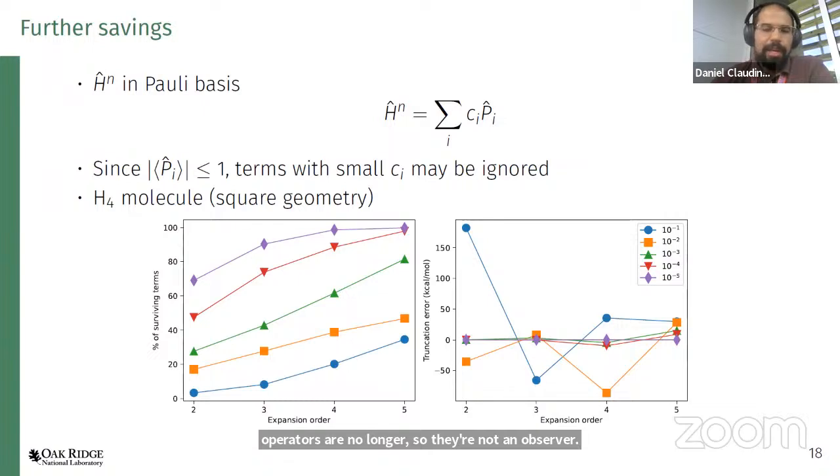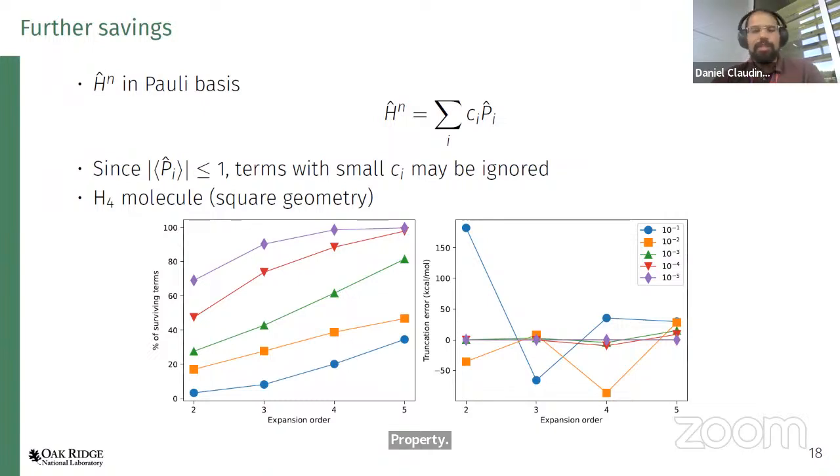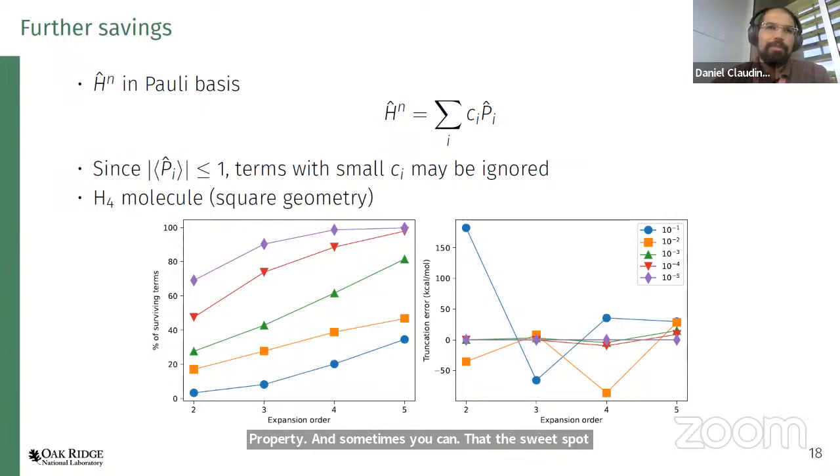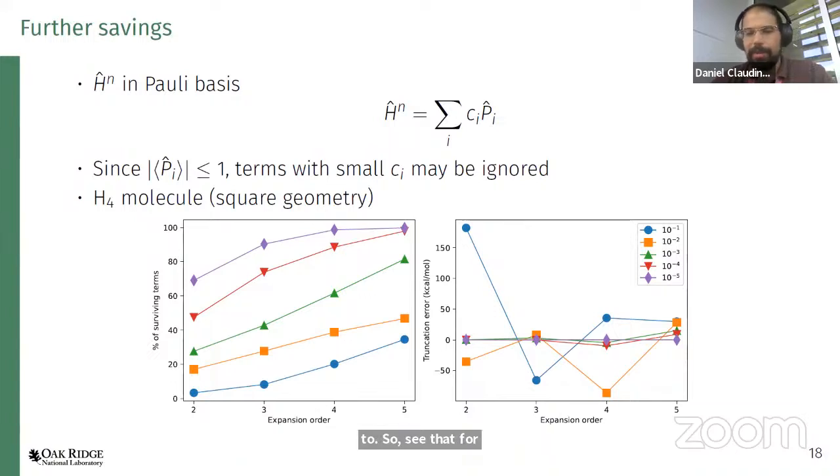But the sweet spot here would be to keep it at low orders and ignore as many of those as you can and still be relatively close to the energy value that you're seeking. So you see that for 10 to the -1 or -2, you're still very far. They're huge errors, but as the threshold becomes more conservative, we get better and better.